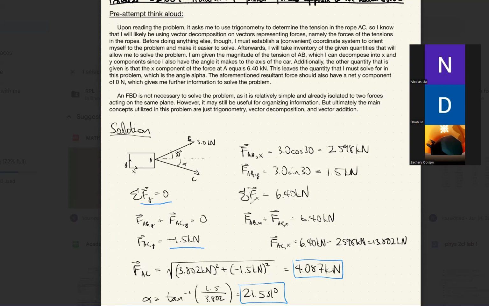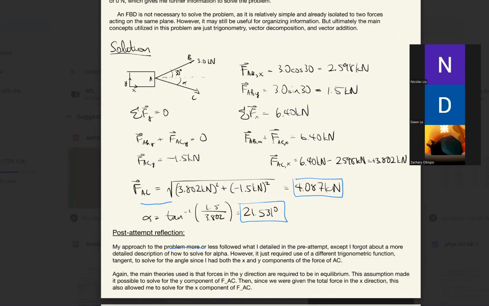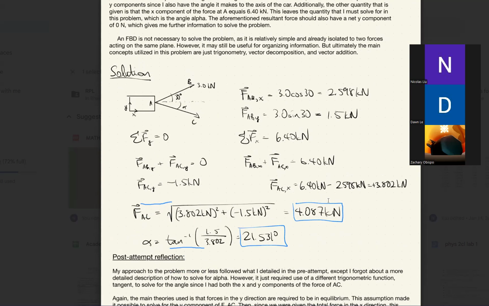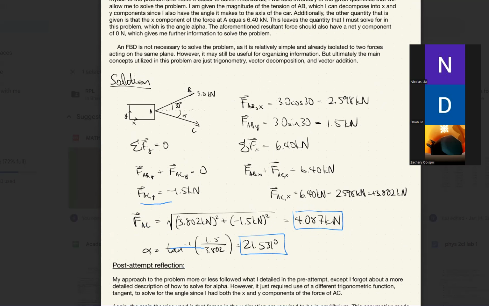And the problem wants the sum of forces in the x direction to be 6.4 kilonewtons. So we can establish that as an equilibrium as well. FABX plus FACX equals 6.4 kilonewtons. We can use that to find that FAC equals 3.802 kilonewtons.